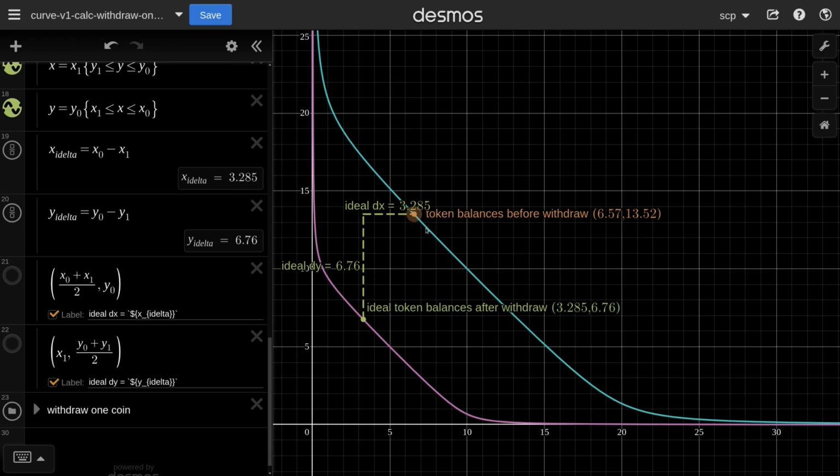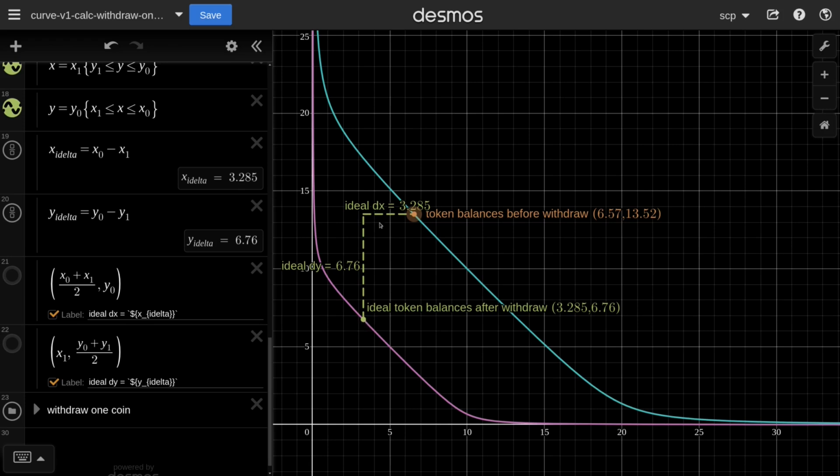The liquidity will decrease by 50%, so the ideal amount of token X to withdraw will be half of this. This is equal to 3.285, and so on. This is an approximation. And the ideal amount of token Y to withdraw is half of this number. This is approximately 6.76. When we do this, the resulting token balance will be over here, shown in green.